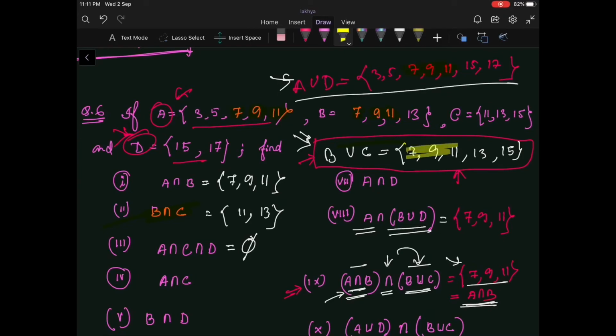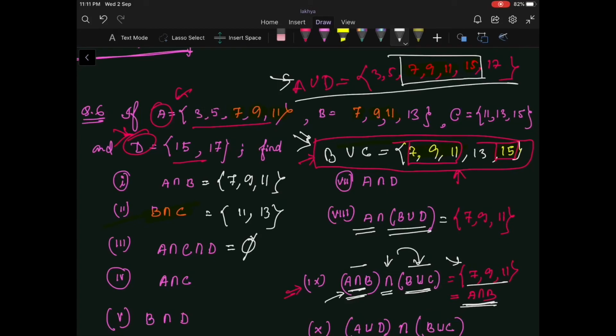So it also contains 7, 9, 11, and A union D contains here you see 15. It contains 15. So 15 is in B union C as well. So the common elements are 7, 9, 11, 15. So these are the common elements.